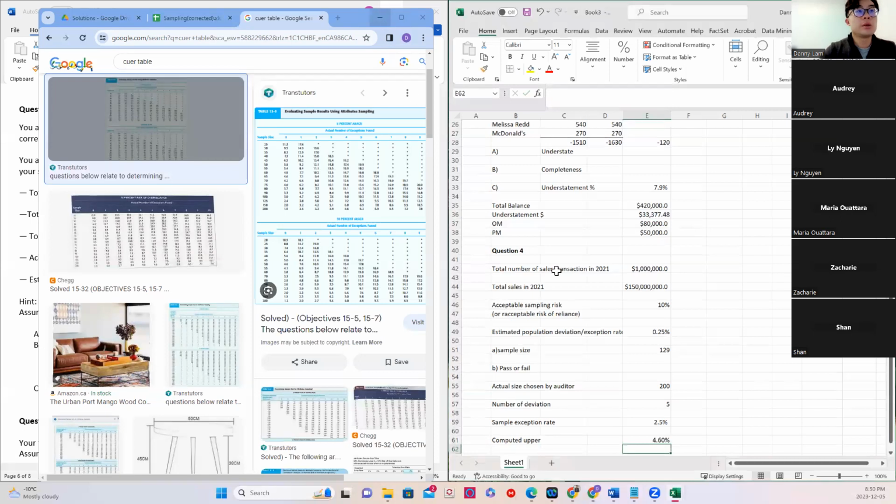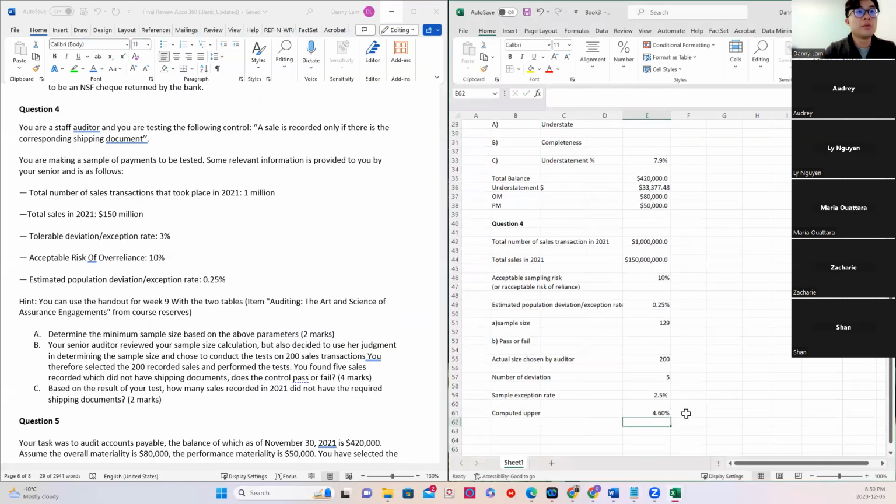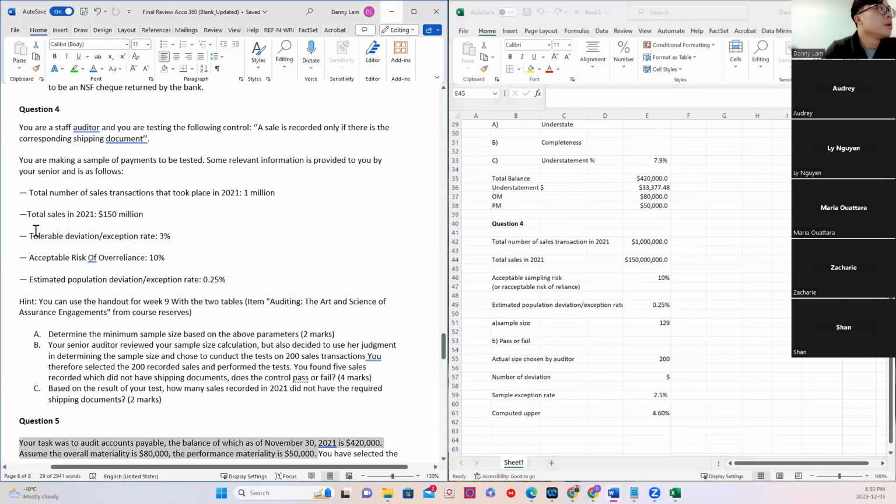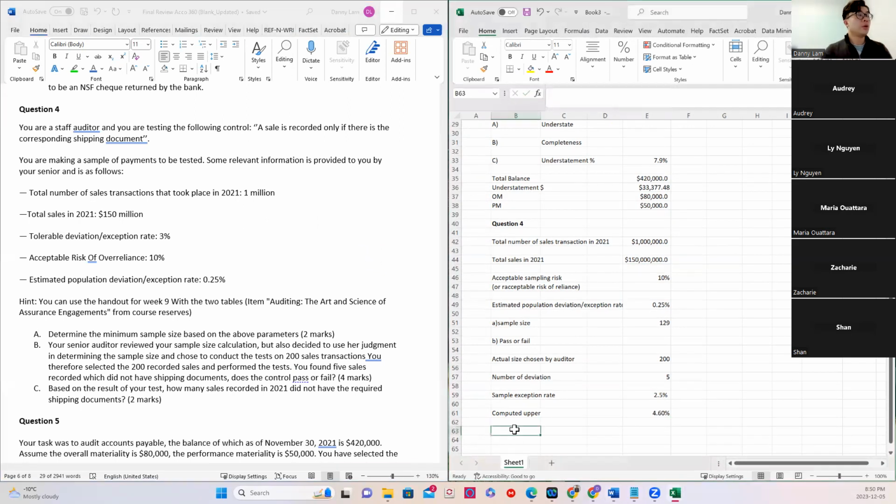And then basically what you're doing is looking at the 4.6 here, and as we mentioned before, that's the mistake rate that you're allowing.